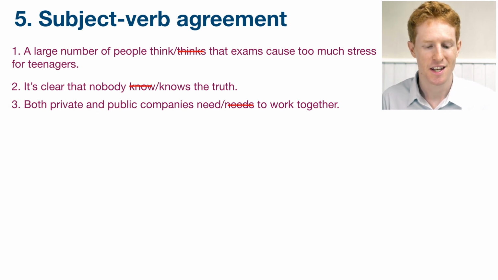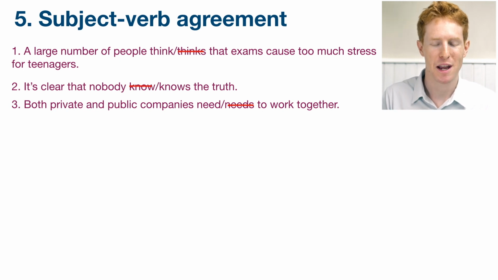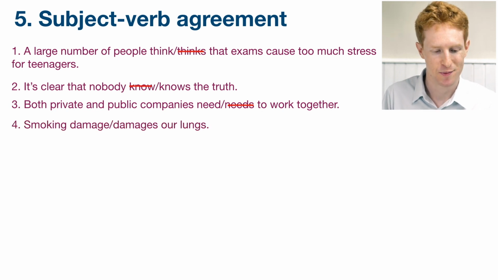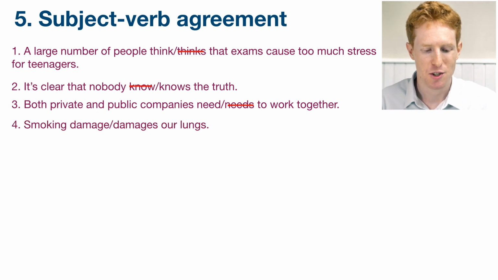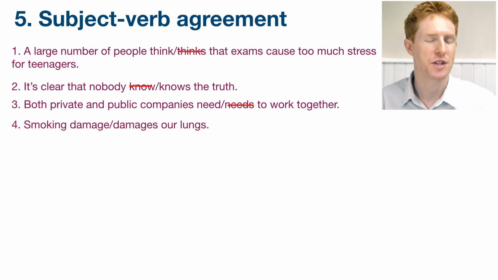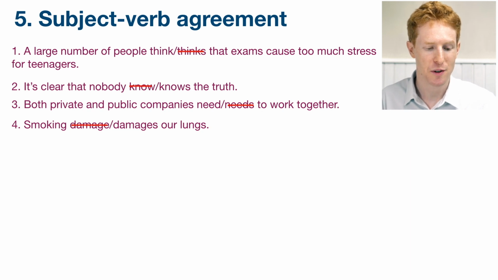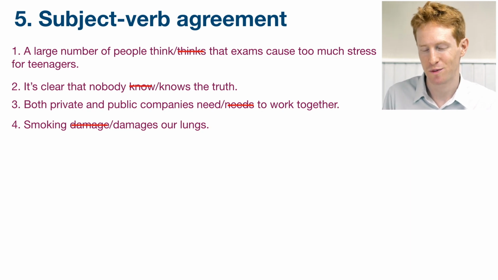The answer is need. When we have both, we're going to have a plural noun. So both public and private companies need to work together. Number 4, smoking damage or damages our lungs. The answer is damages. When we have a gerund, it's going to be a singular noun.